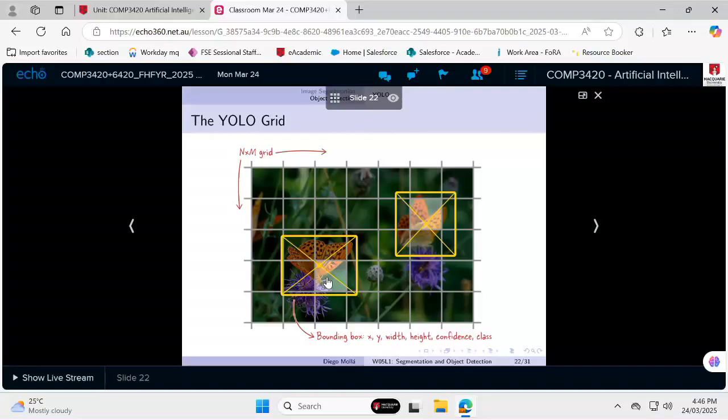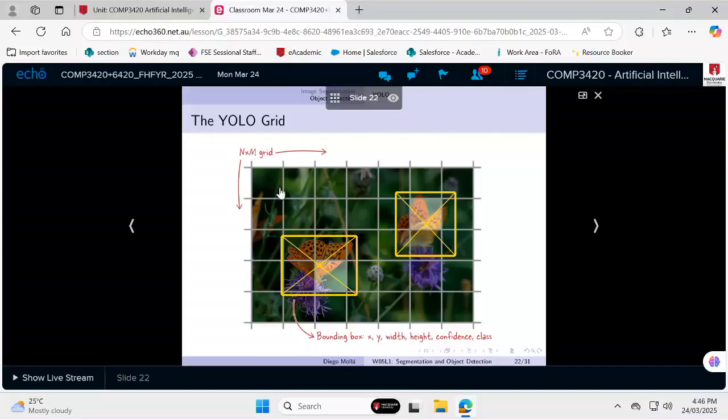That means each cell will need to contain at least 4 neurons, so 4 channels, basically. One for the X, one for the Y, one for the width, one for the height, and one more neuron that represents the confidence that this box is containing something.